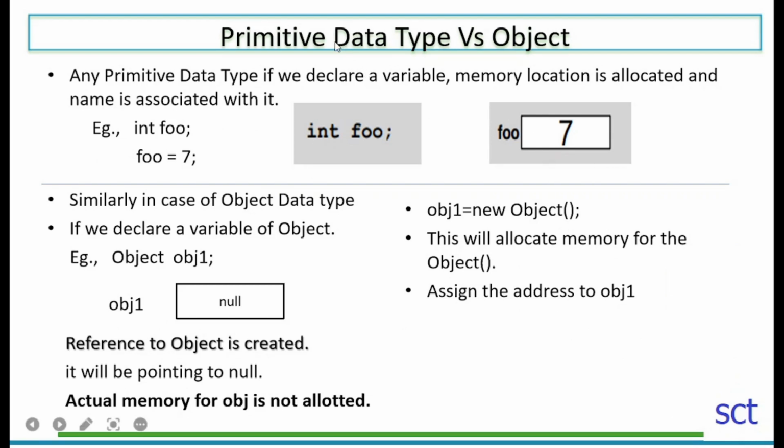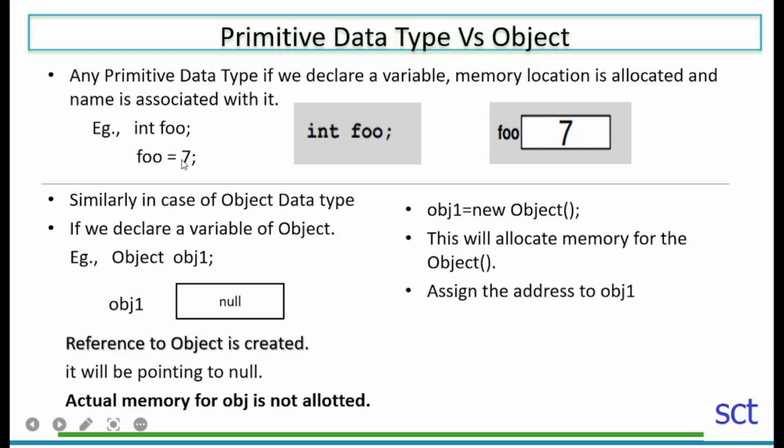Now if you look at primitive data types versus objects, for any primitive data type, if we declare a variable, a memory location will be allocated and a name is associated with it. For example, int foo: you have foo and a memory allocation done for foo. Since it is an integer, it is going to have 2 bytes of memory allocated.